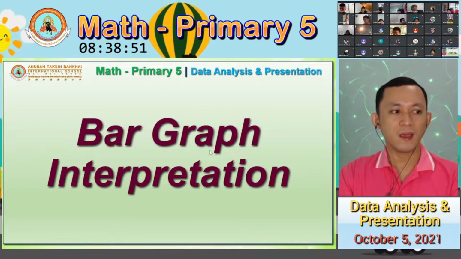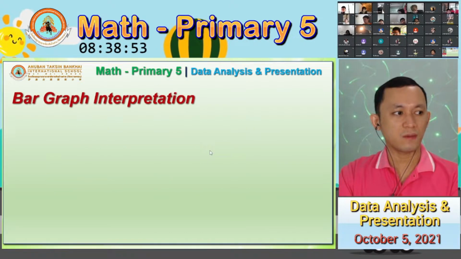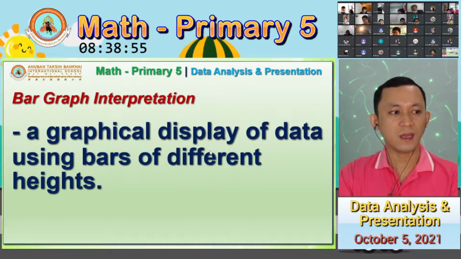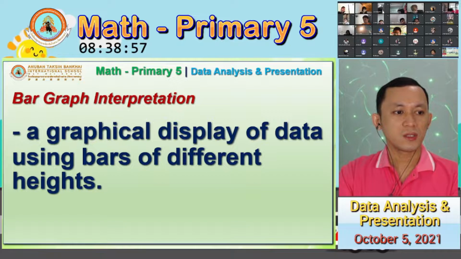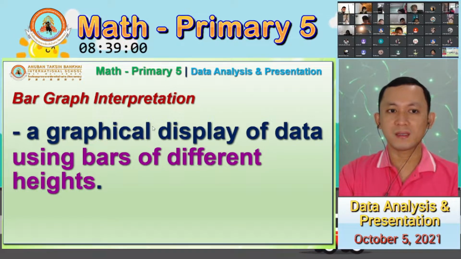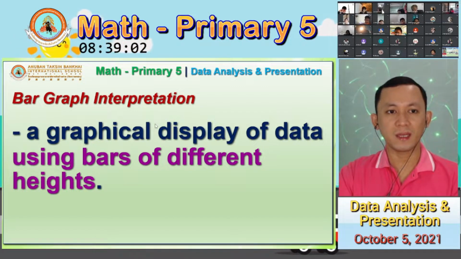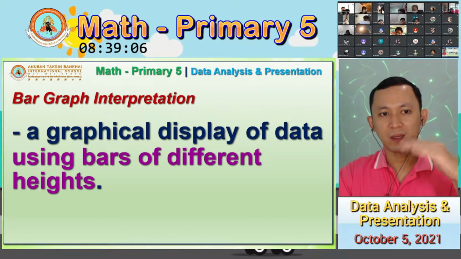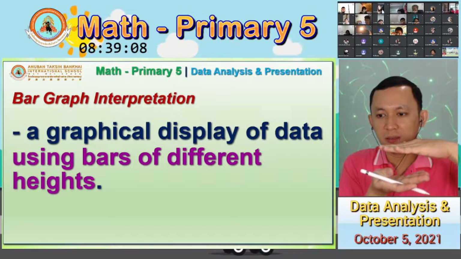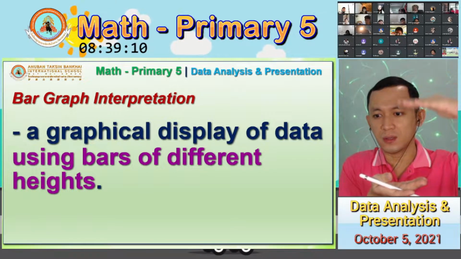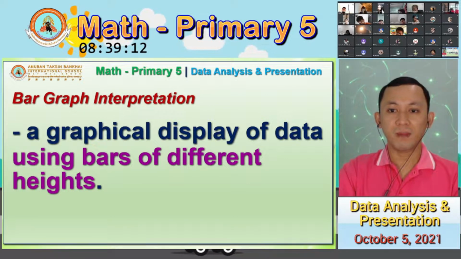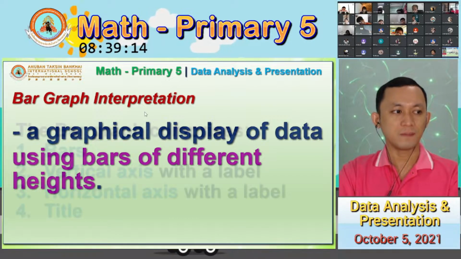Now let's have a quick review of our lesson yesterday about bar graphs. When we say bar graph, it is a graphical display of data using bars of different height. Sometimes it is short, sometimes it is tall. It depends on the data.